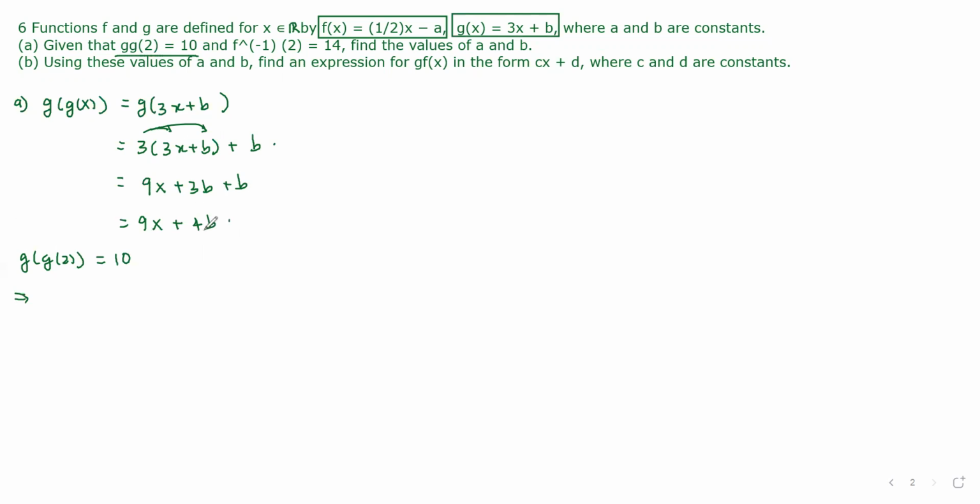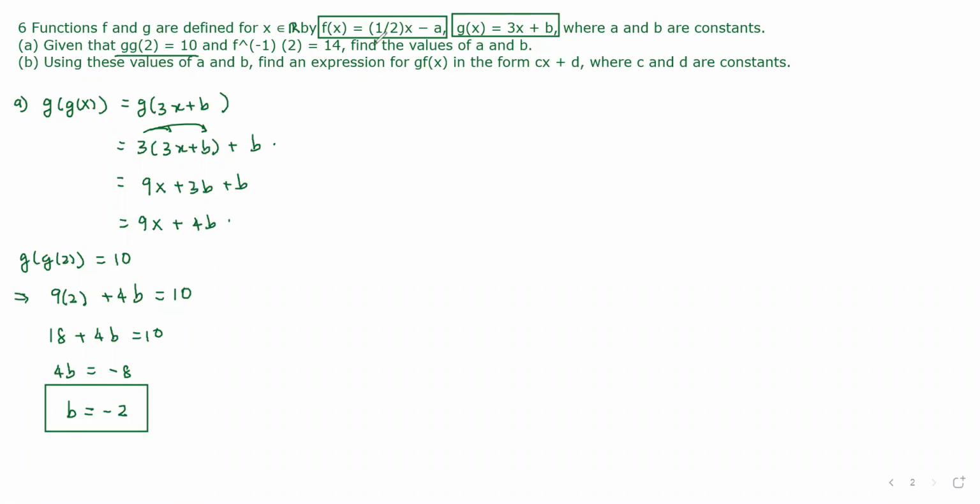So replace x with 2: you have 9 times 2 plus 4b equals 10. So 18 plus 4b is 10, and 4b is 10 minus 18, which is negative 8. Divide throughout by 4, and b is negative 2. So you have the value of b.